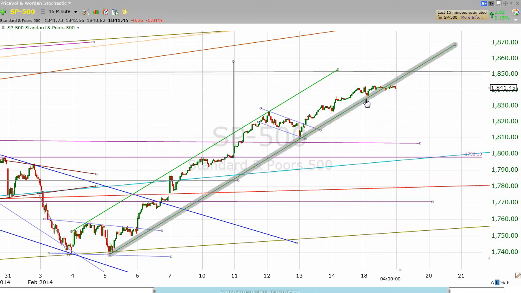We talked about it when we were looking at the chart on the day of February 12th, just by way of reminder, we had a trend line on the chart that was, I believe, something like this.